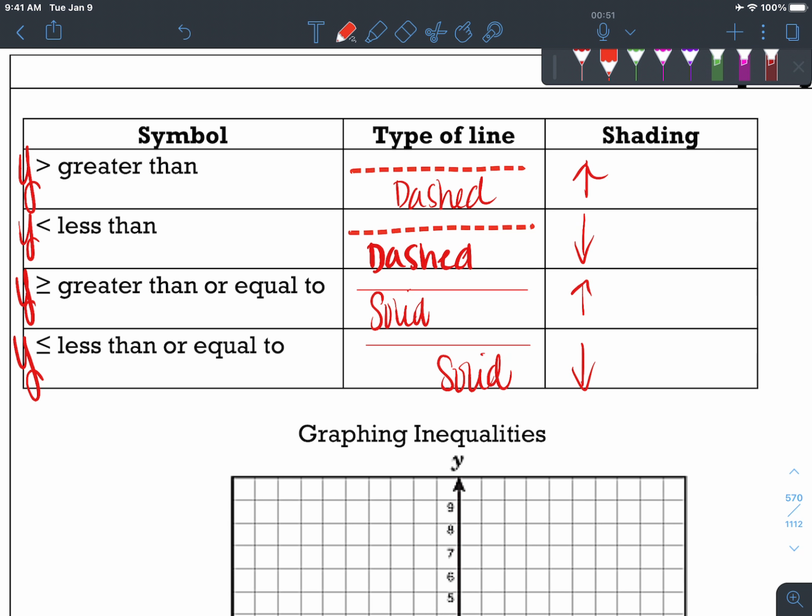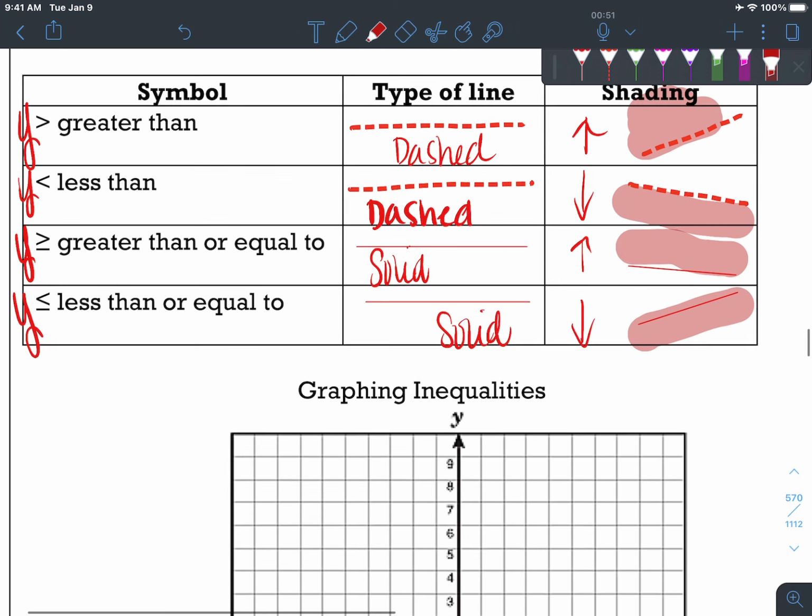Just as an example, this is how it would look. That would be approximately what those graphs would look like.